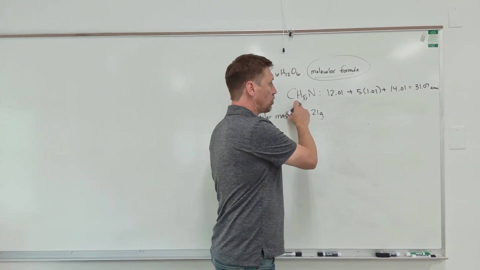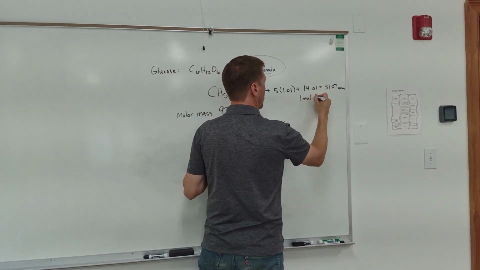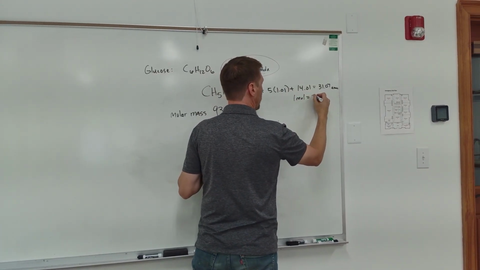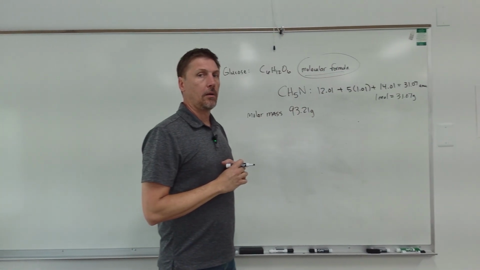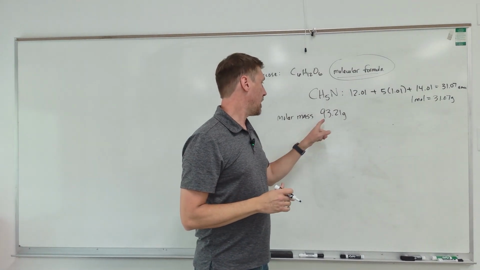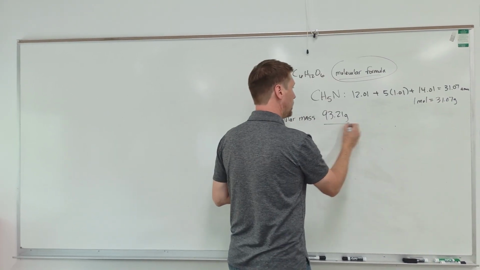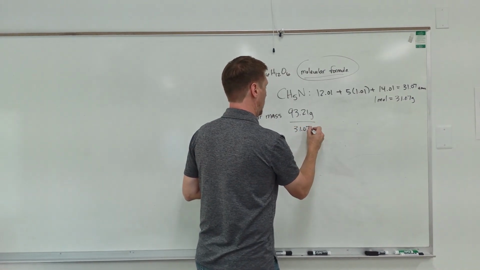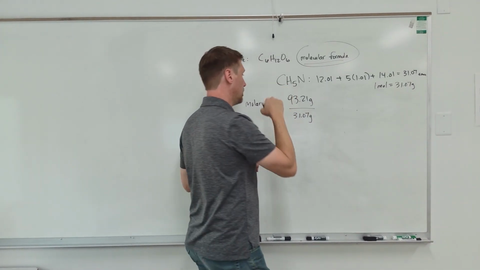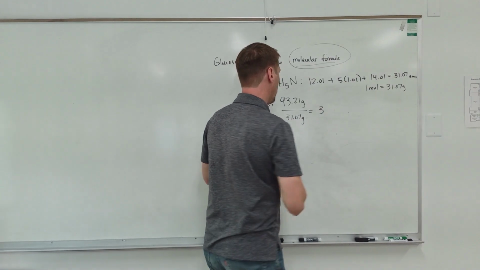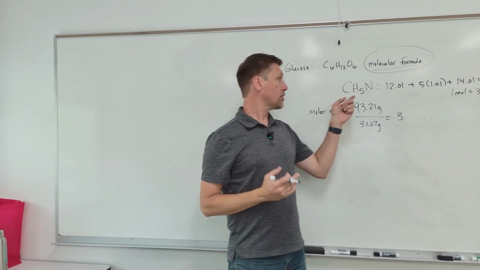If this was the molecular formula, it would mean that 1 mole of this stuff has a mass of 31.07 grams. But the actual molecule has a molar mass of 93.21 grams. So if we divide 93.21 by the molar mass of this substance, we get a value of 3. The actual molecule has a molar mass that's 3 times greater.